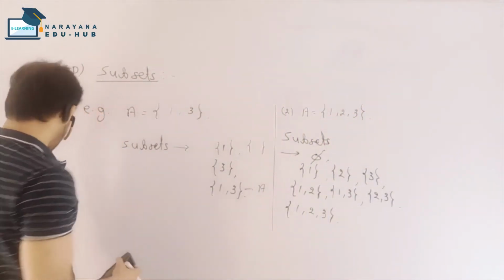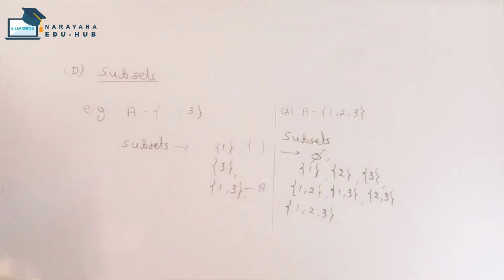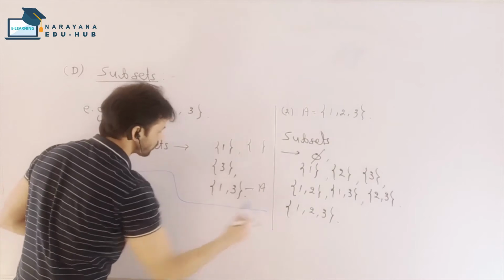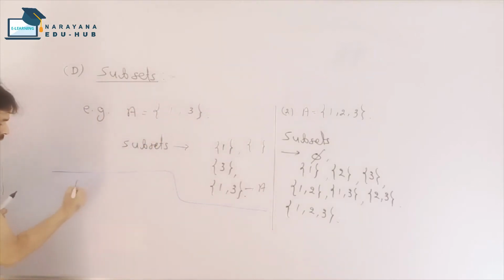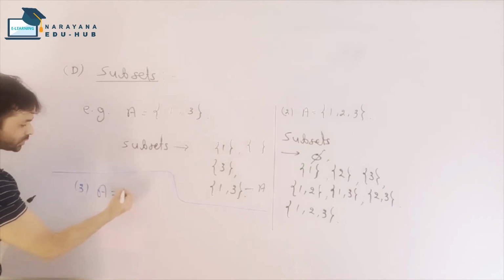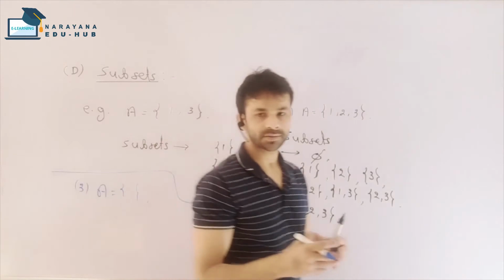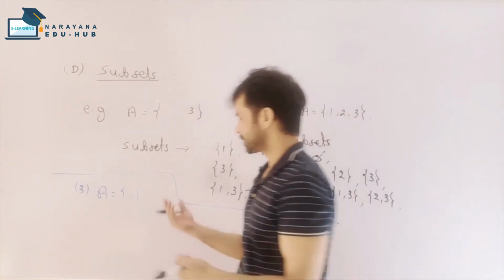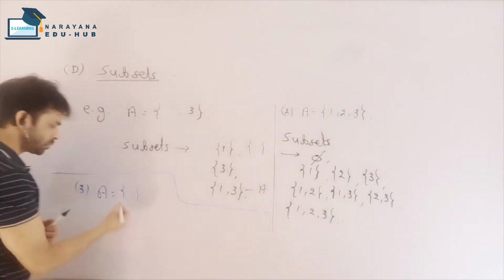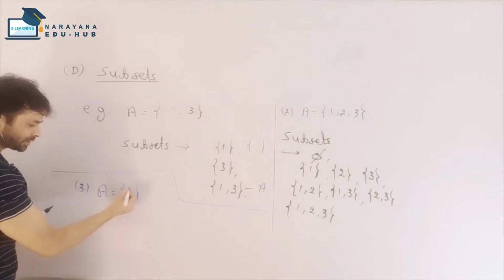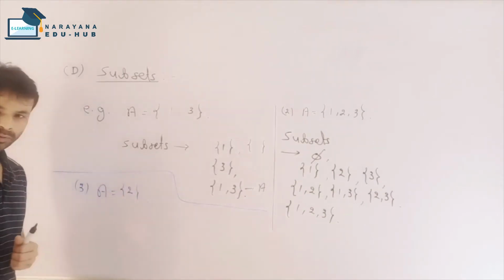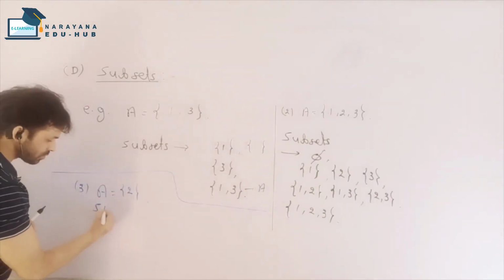Now we can take another example. We can take set A as just the empty set, or you can take 1 element if you want. Okay, so I am taking 1 element, let's say 2.